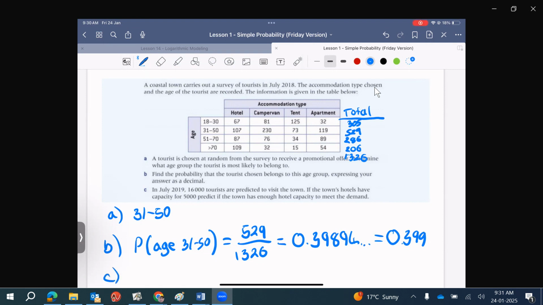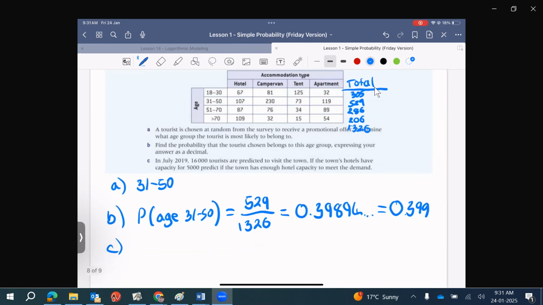C. In July 2016, 16,000 tourists are predicted to visit. If the town's hotels have a capacity of 5,000, predict if the town has enough hotel capacity to meet demand. So we need to find out what is the probability of somebody staying in a hotel.